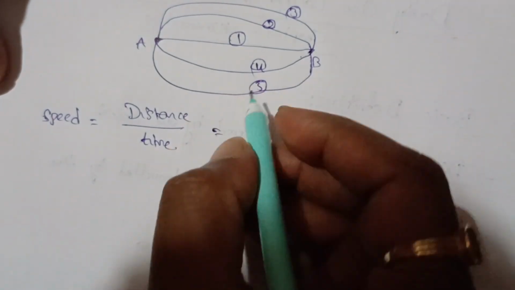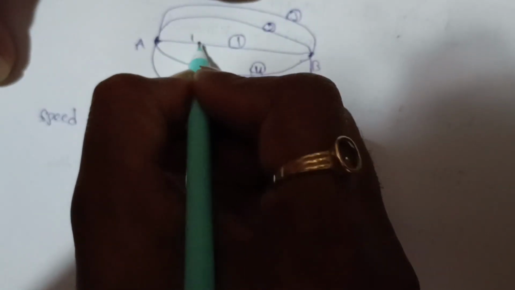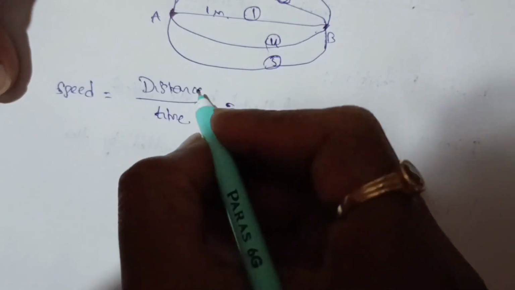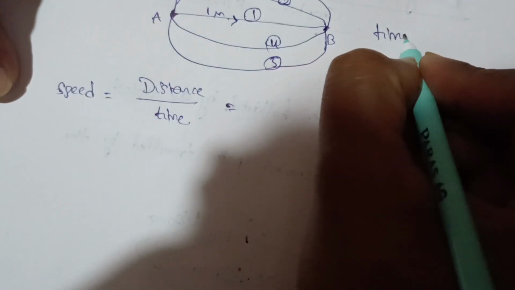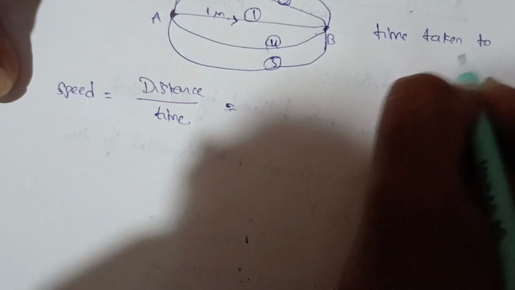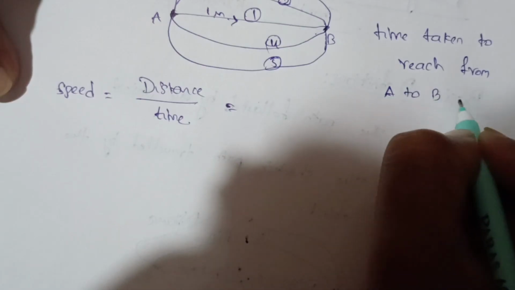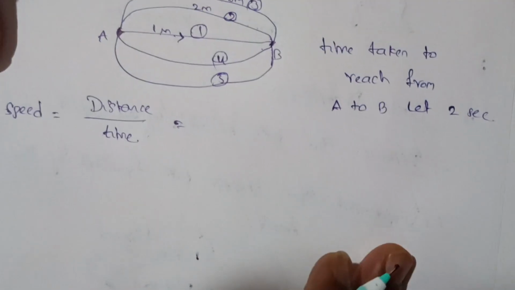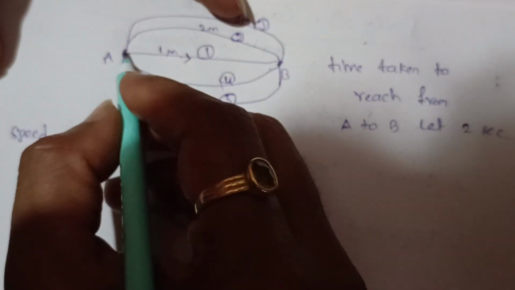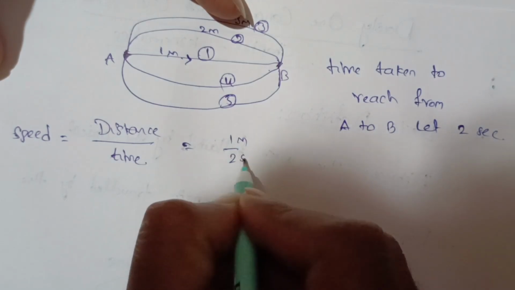Suppose the distance is 1 meter, 2 meters, 3 meters, like this. And the time taken to reach from A to B is, let us say, 2 seconds. If it is following path 1, then 1 meter by 2 seconds.